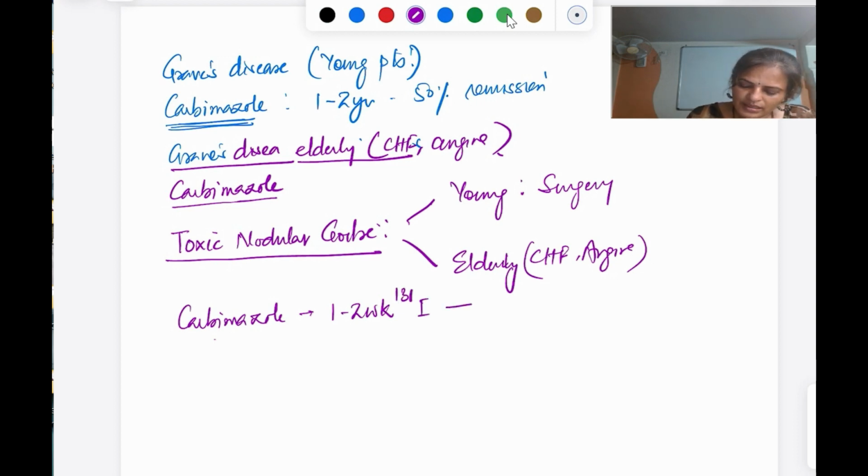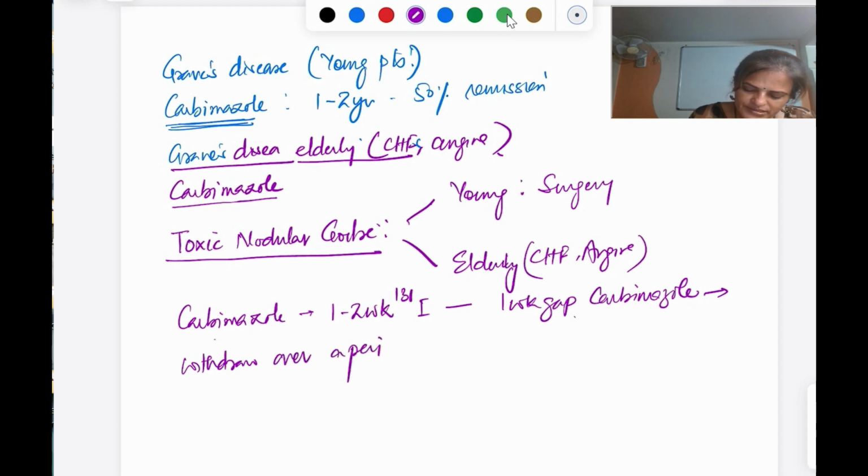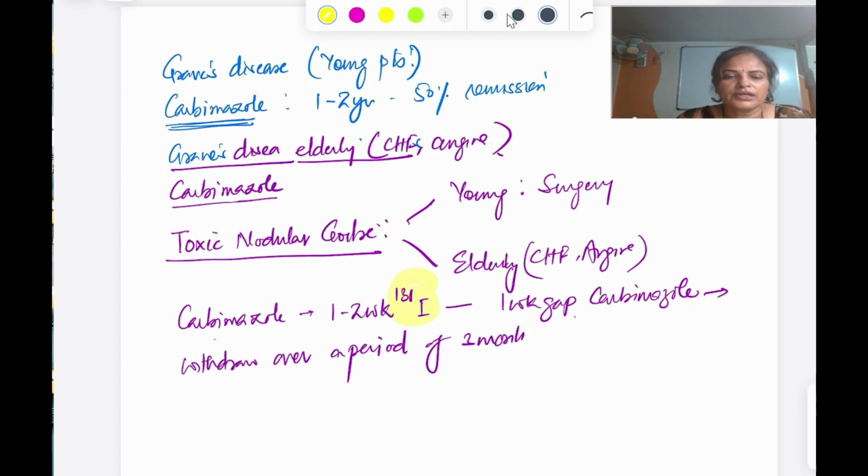Then after a 1 week gap, again start carbimazole and withdraw it over a period of 3 months, because iodine 131 takes near about 3 months to show its action, and it results in a partial ablation of the thyroid gland. So this is another alternative in the elderly patient. This is how we give this antithyroid drug to the patient.